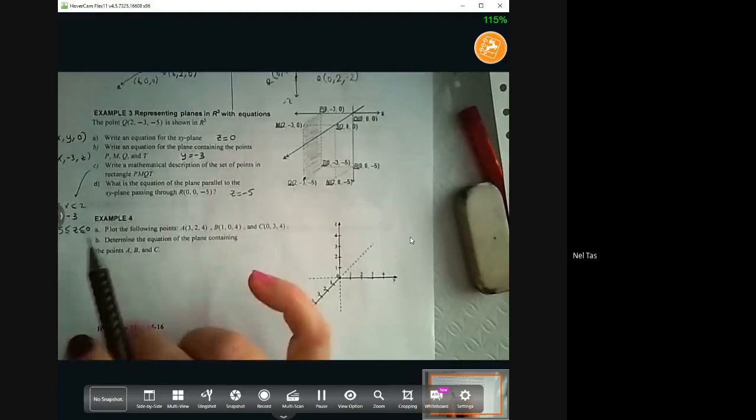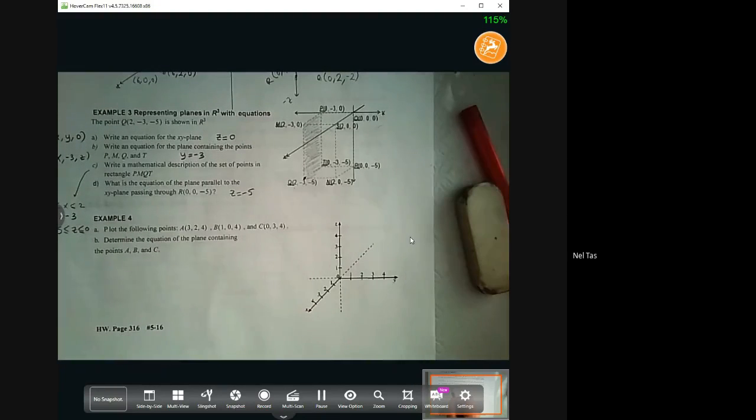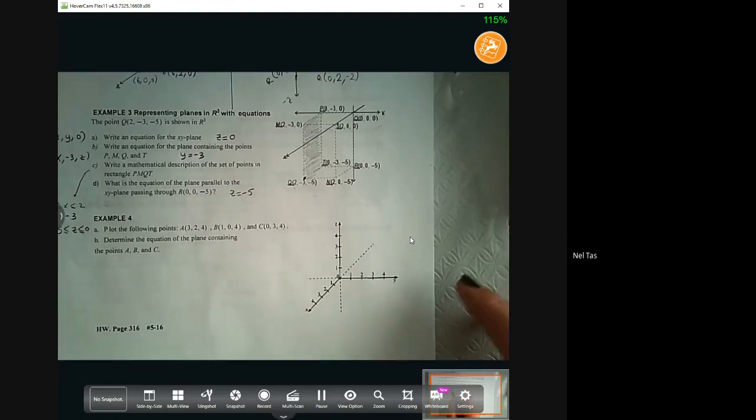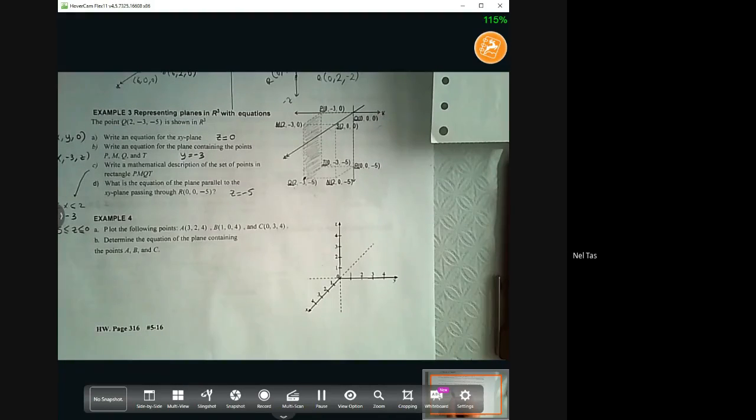We're going to look at example 4 as the last one. We're going to plot this point, but as we do that, we need a ruler. I'll give you a minute to find a ruler, and we will do it in a minute.